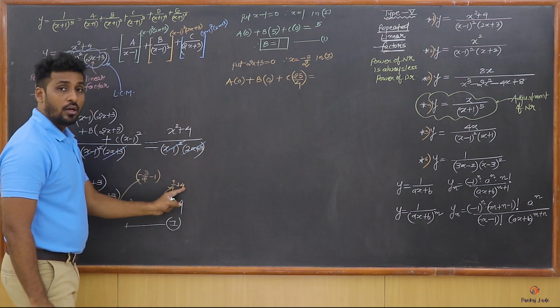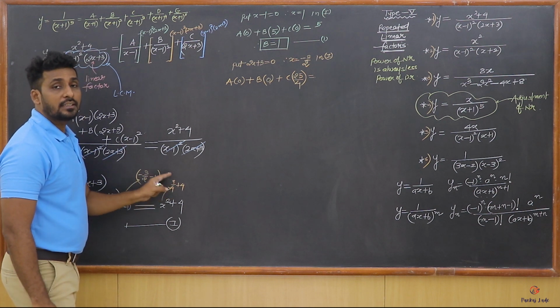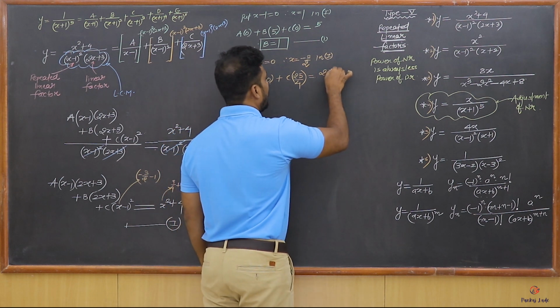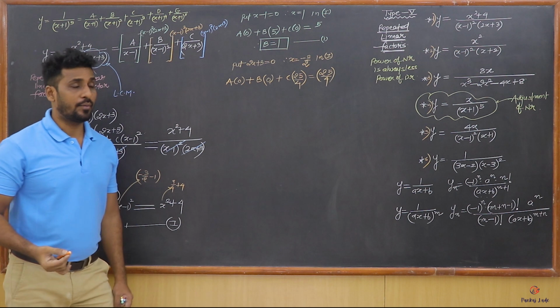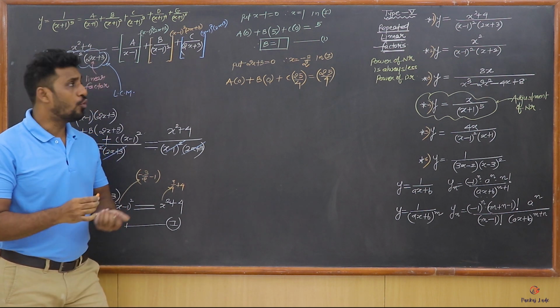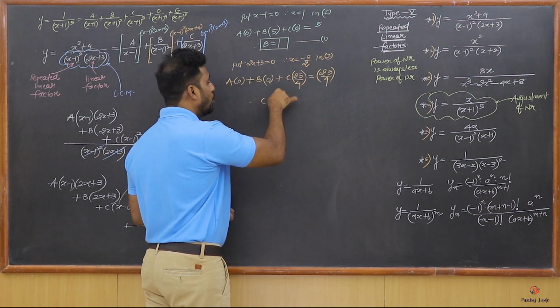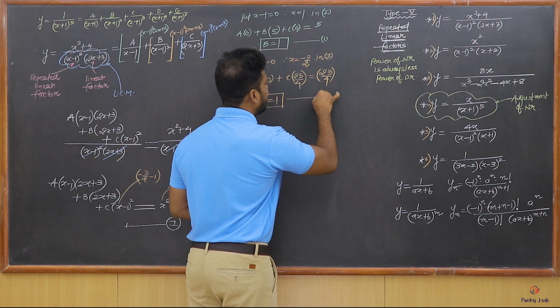So that's 4 into 4, 4 into 4 is 16. 16 plus 9 is 25. So you get 25 upon 4 on the right side. So observe carefully. c into 25 by 4 is equal to 25 upon 4. So from here also you can say that c has come what value? It is going to come equal to 1. Let us call this the second relation.